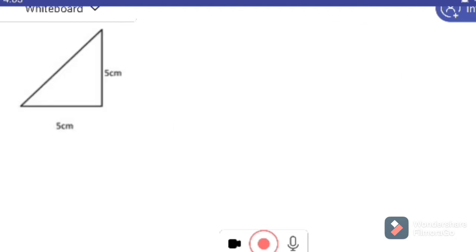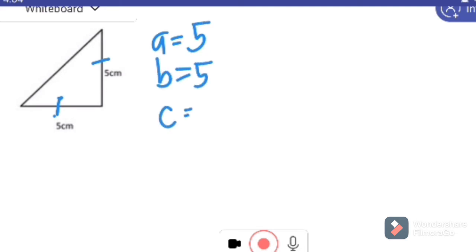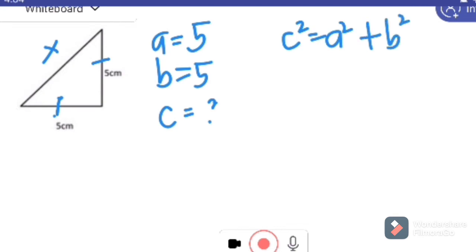For the next given, we have, what kind of triangle is this? Yes, this is an isosceles triangle because the legs of the triangle are congruent. A is 5, our B is 5, and the missing is our hypotenuse. Pythagorean theorem: c squared is equal to a squared plus b squared.